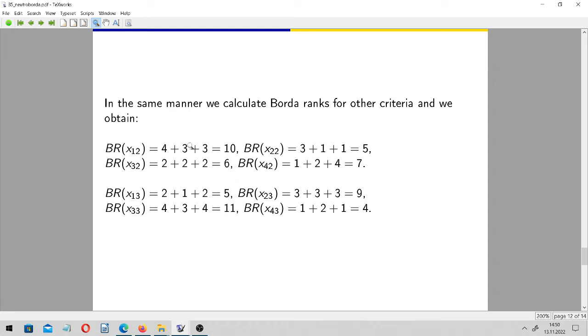We omit all these particular calculations here, but you may find them in detailed form in our paper. And we obtain these Borda ranks. So for example, for scenario number 3 and criterion 3, we have fourth place in truth ordering, the third place in indeterminacy ordering, and the fourth place in falsity ordering, and we get 3 plus 4 plus 4, it's 11 in this case.